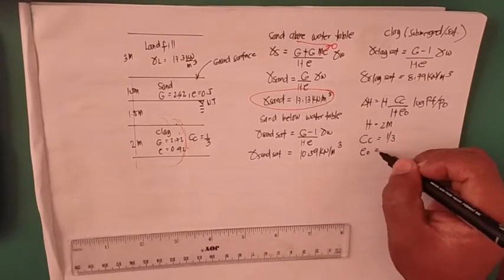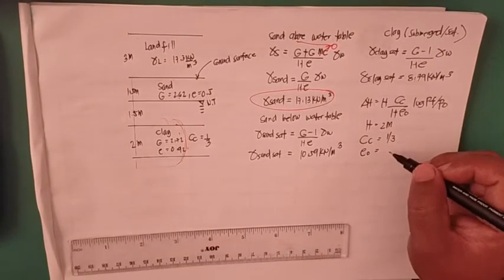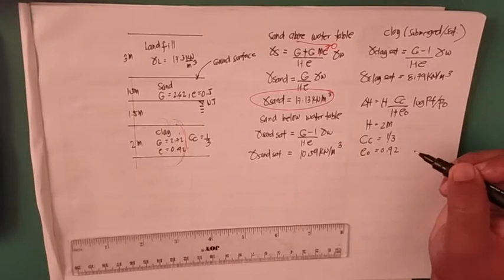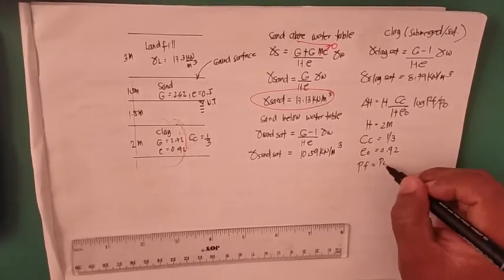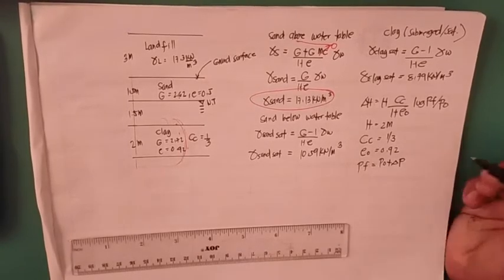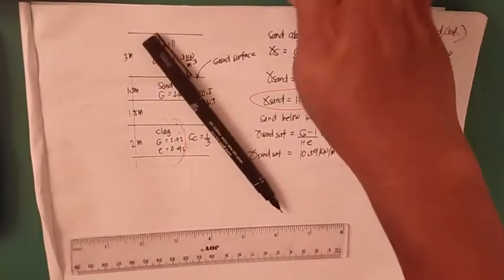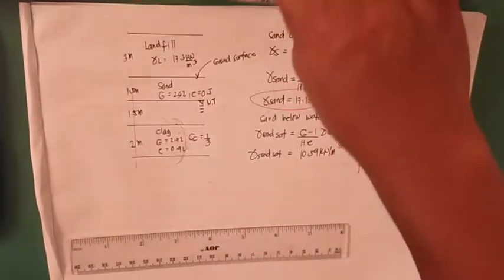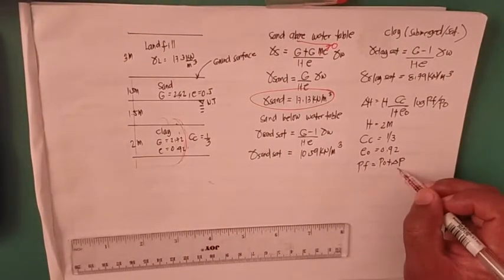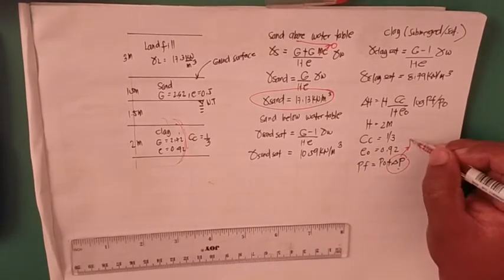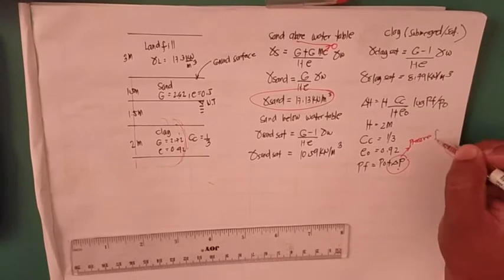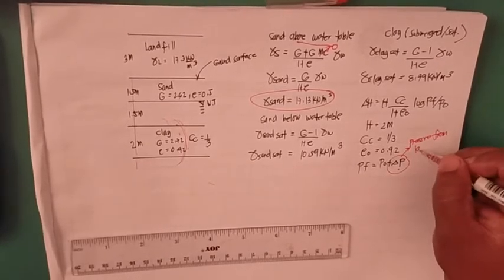eo is 0.92. And what else? Pf is Po plus change of P. This change of P is actually the pressure from landfill.